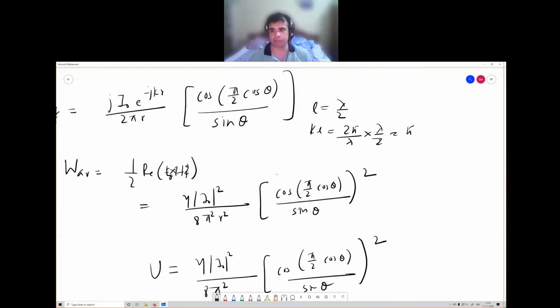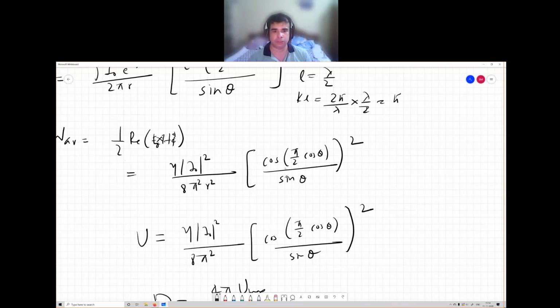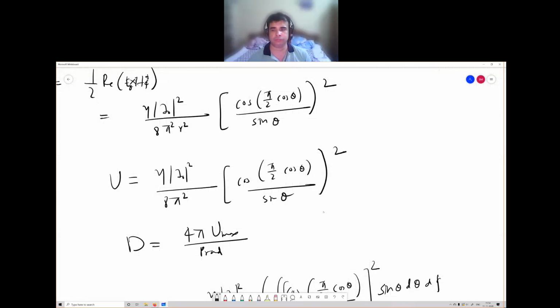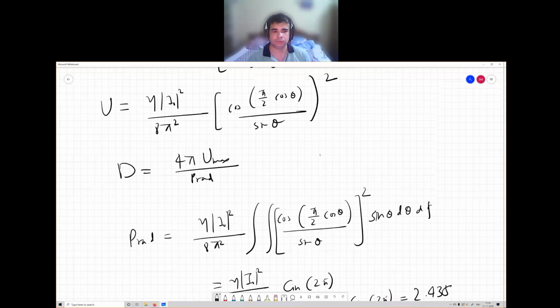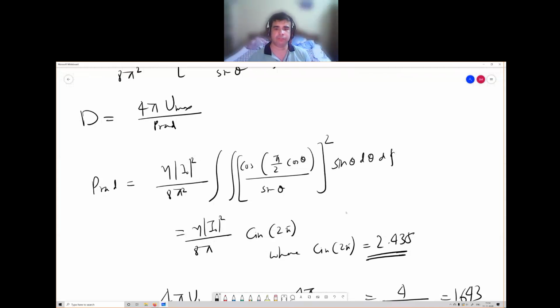From there we can find the radiation intensity, that is r square times the magnitude of W. So we get this value. So P rad will be this.